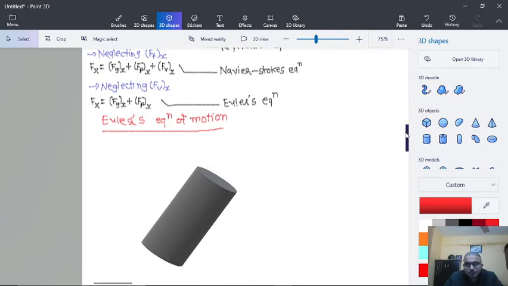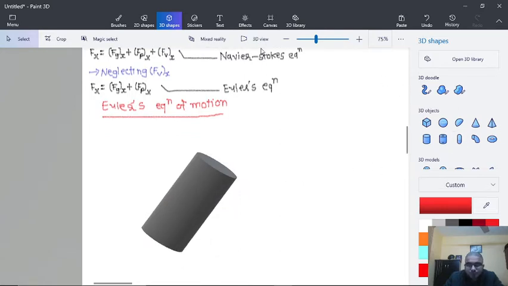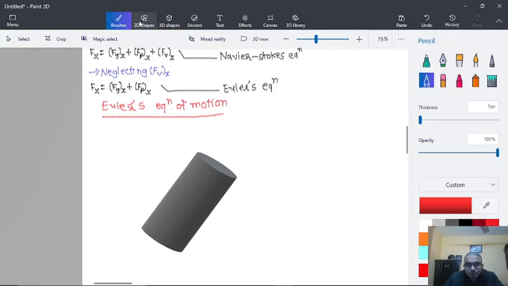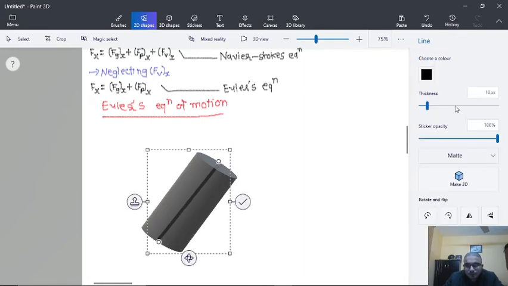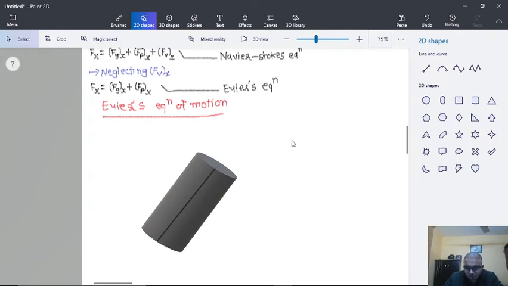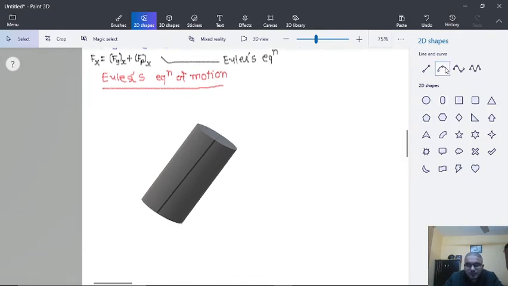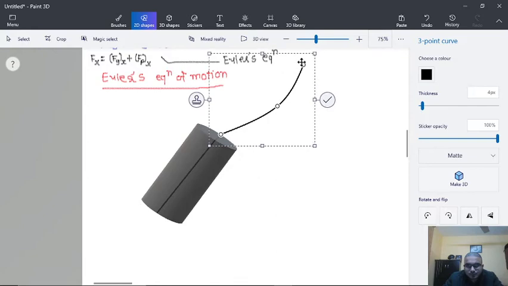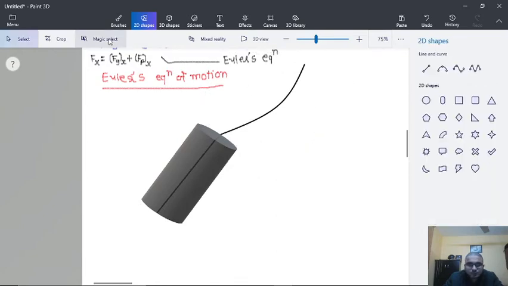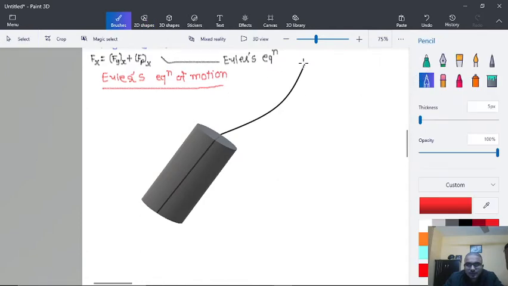So here this will be the axis of the fluid element, and here let's say this is the direction S. Here there are a few forces that we need to consider.